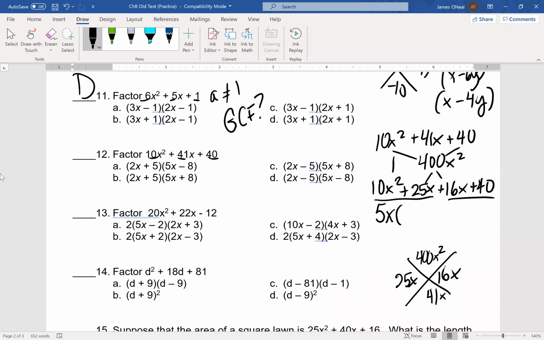So we take out a 5x, we are left with 2x plus 5. Over here, we can take out an 8, and we're left with 2x plus 5. And now that should be positive 8. And now we get 5x plus 8 times 2x plus 5.